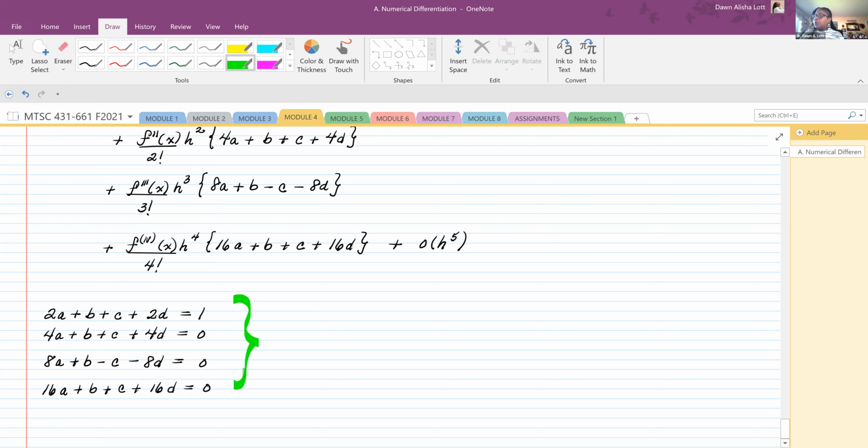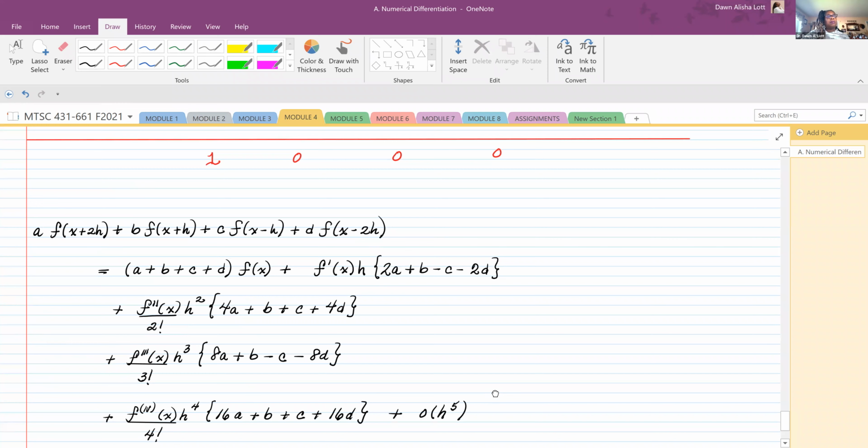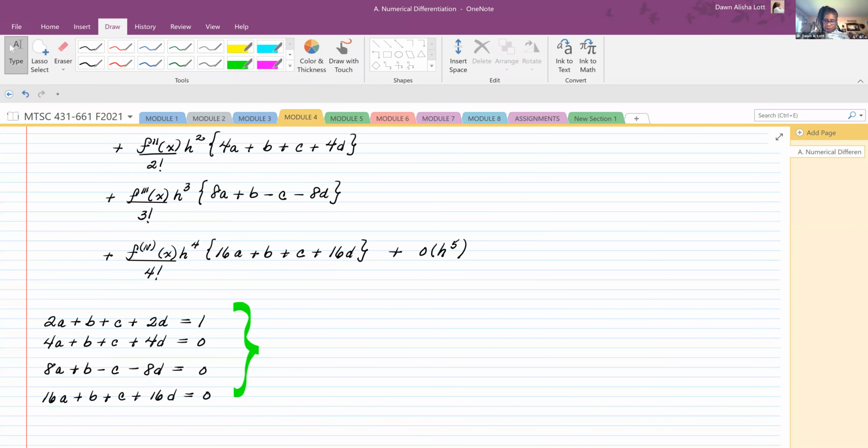All right, so we can solve this system. And when we solve this system, I get A is equal to, okay, I gotta remember now because my notes are a little awkward. I think A and B are switched. Is that right? Let me see. A and B are switched. And then C and D are not.